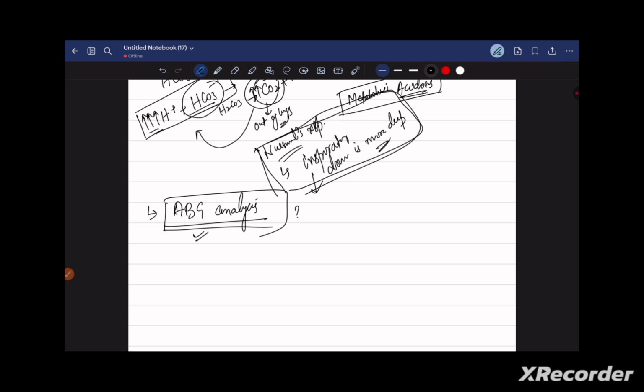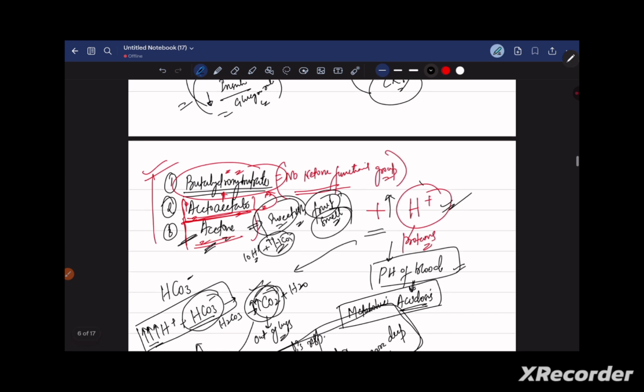There is also hyperglycemia seen in the lab tests. Then you will go for the ABG analysis, arterial blood gas analysis. In the ABG, you will see that the pH is less than 7.4. Why will the pH be less than 7.4?